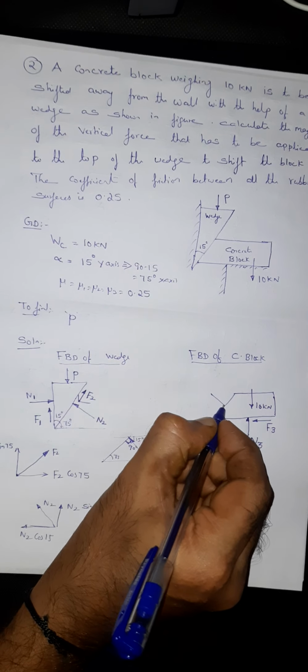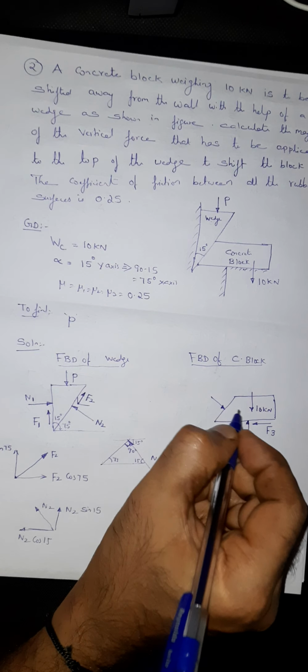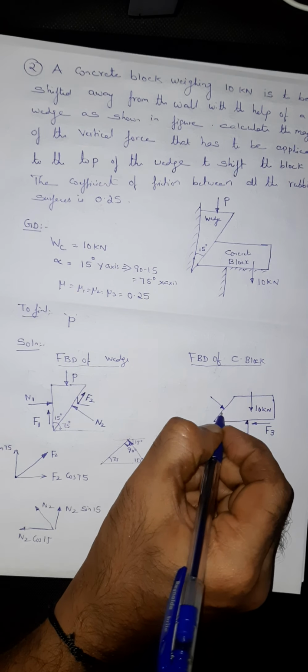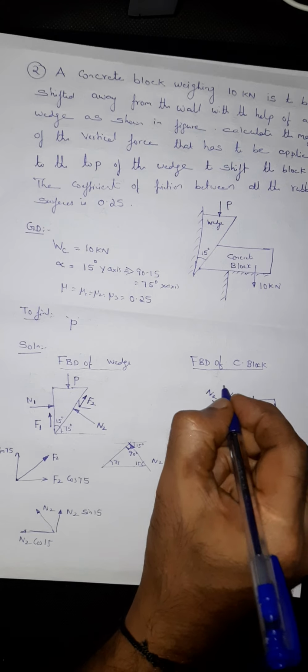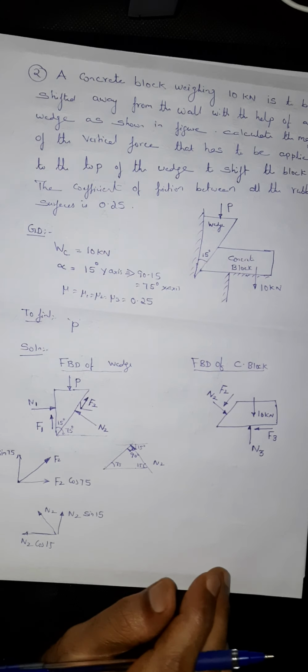So therefore there is a reaction which would be perpendicular to the surface of the concrete block, and this is N2. Since the frictional force of the wedge is in the upward direction, this frictional force will be opposite of it, so this is F2.